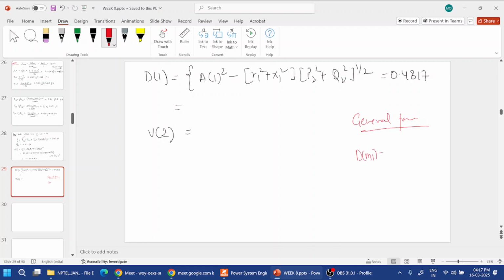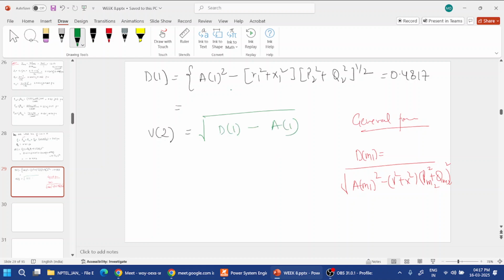D m+1 equals under root of A m+1 square minus R square plus X square into P m square plus Q m square, and this is 2. Then we calculate the second: under root, we just calculated D1 minus A1, the voltage at the next bus, or node, which is 2, which we have to calculate.